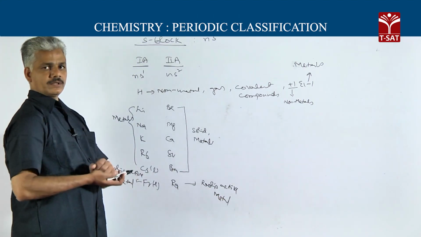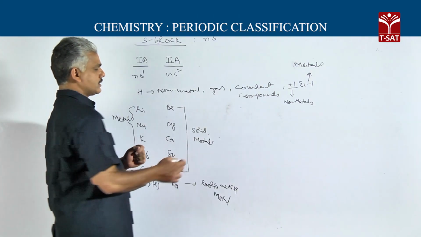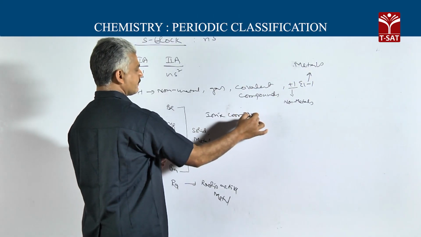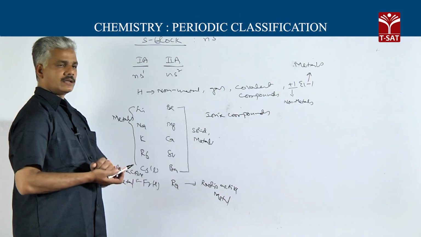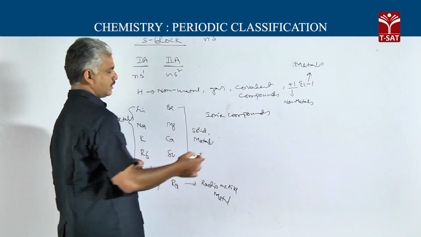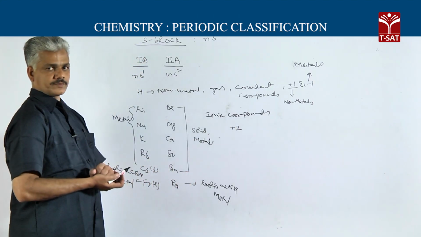Just like 1A group elements, 2A group elements are also involved in the formation of ionic compounds. These are also highly reactive in nature and form mostly ionic compounds in which they show a common oxidation state of +2.